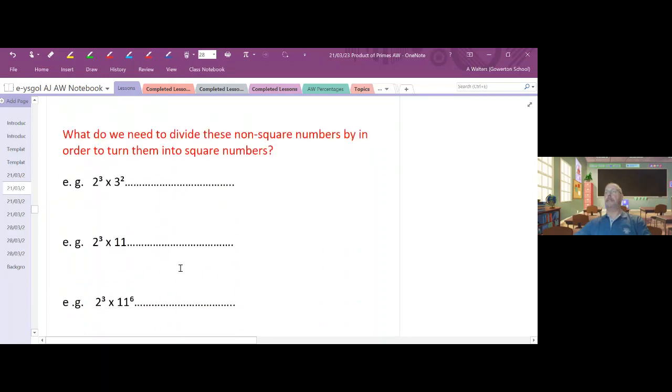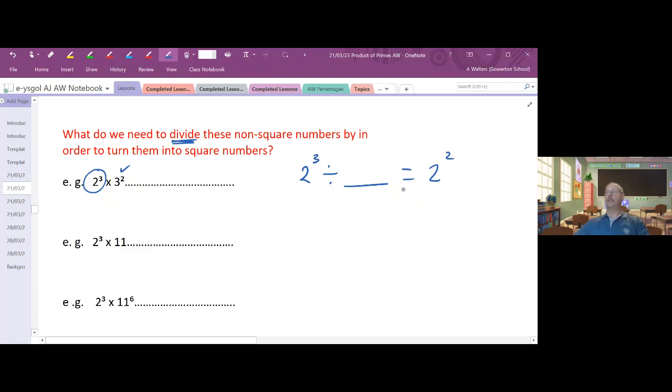And a very, very similar skill, but the only difference here is what would I divide, not multiply, these non-square numbers by to turn them into square numbers? Okay, so once again, 3 squared I'm very happy with, but how do I turn 2 cubed into 2 squared? I'm using your skill with indices. 2 cubed divided by something turns it into 2 squared.